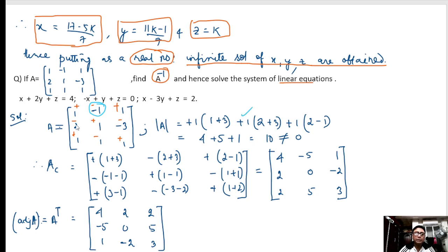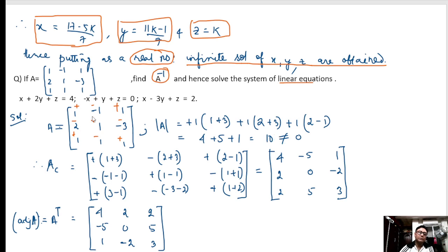So I will choose this into this, minus this into this. Next I will choose this one. So I will take this into this, minus this into this. So we are getting it as 10, which is mod of A is coming 10, which is not equal to 0. Clear?